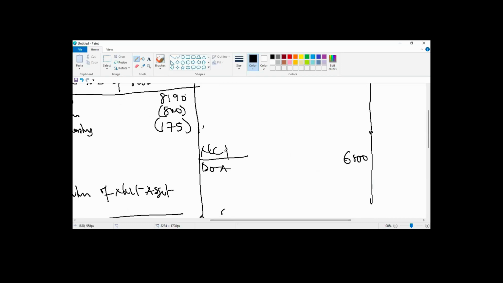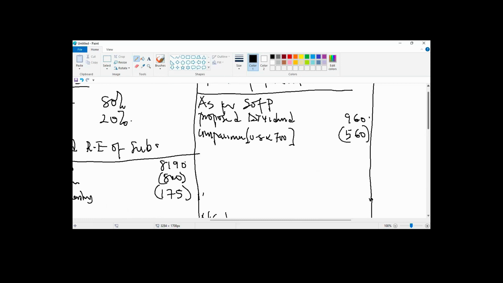Okay, impairment now. 0.2 times 700 is 140. Parent. As per SWP, what is the parent? Give me the figure.